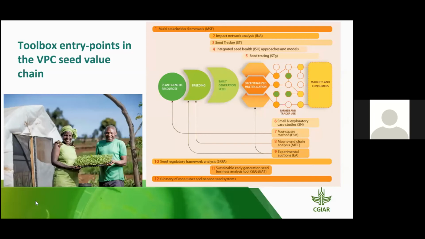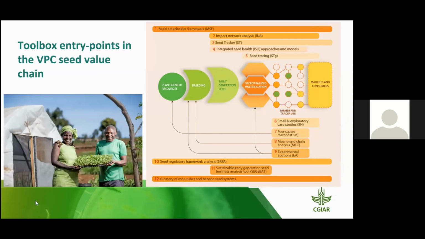So again, in some contexts, like the difference we've just heard about the EGS situation for Irish potato in Ethiopia compared with Kenya, a very different context, in Kenya we can reach out to the private sector much more than we can, for example, at the moment in Ethiopia. Let's say we hope that will change.